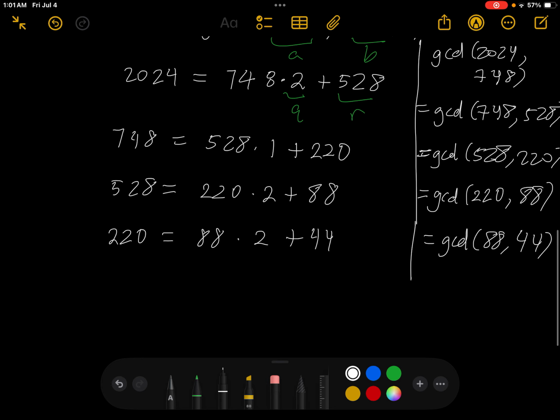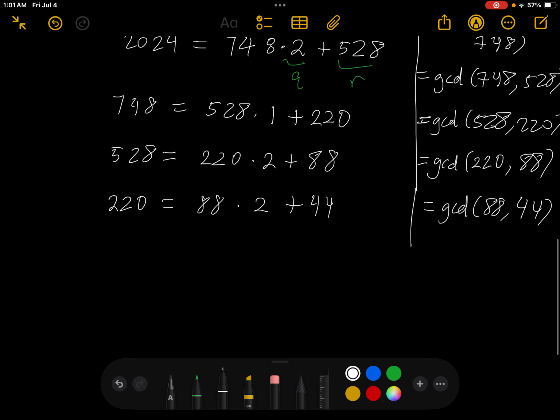And hopefully we see what the answer is, right? 88 is 44 times 2 plus 0. So finally we get a remainder of 0. This GCD of 88 and 44 is therefore equal to 44.